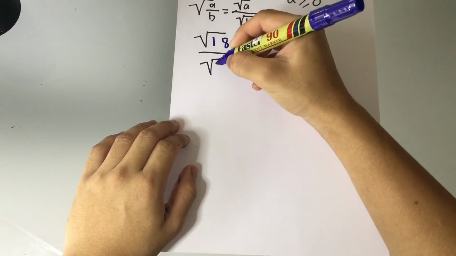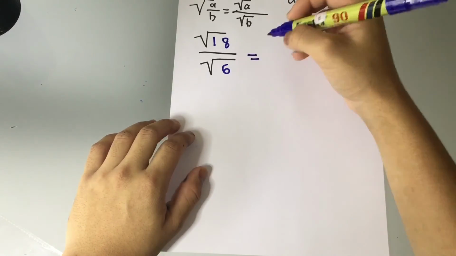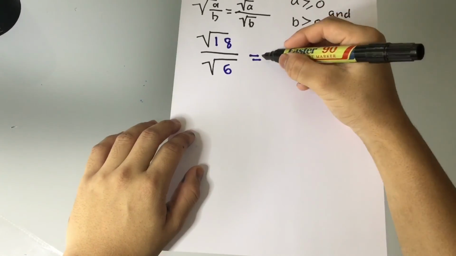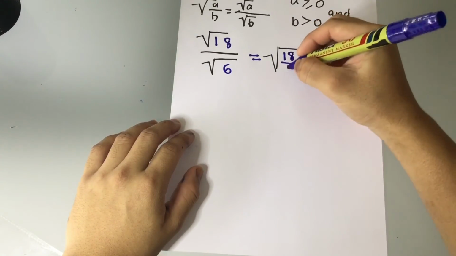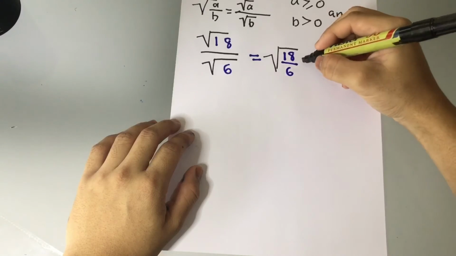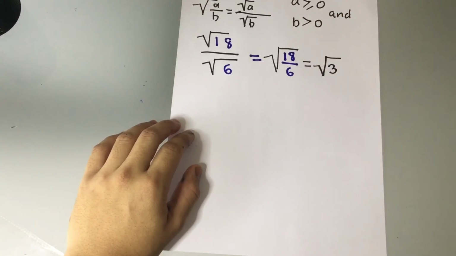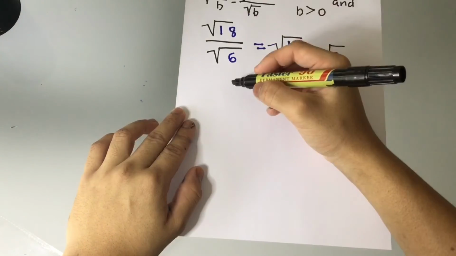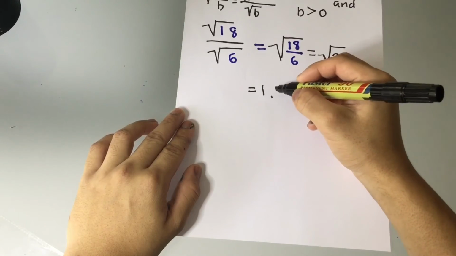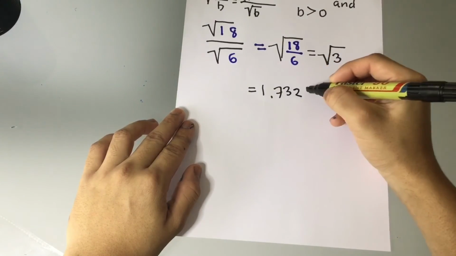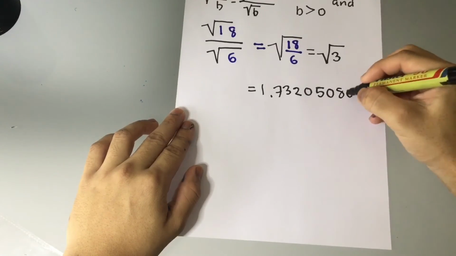We are going to put 18 in the square root and 6 in the square root. If we simplify it, it will be equal to square root of 18 over 6. The answer is going to be square root 3. After simplifying the division, that's what you get manually. If you do this with a calculator, your answer should be 1.73205868.